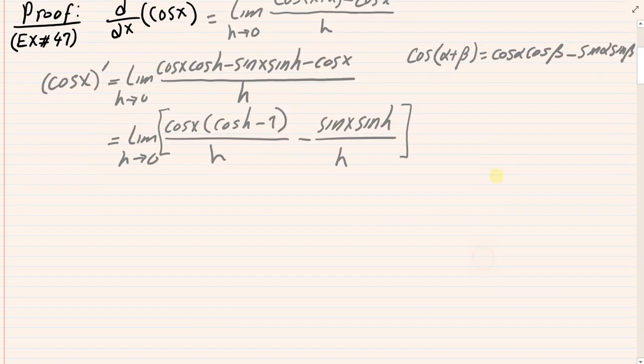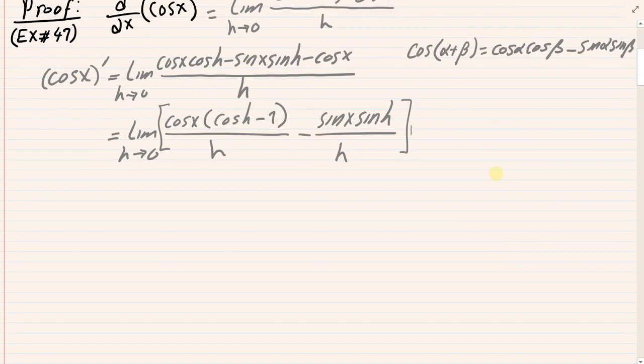Now we're going to take the limit of the individual fractions. Notice the variable of our limit is h. So with respect to h, we treat x as a constant, so cosine x can be brought out. In fact, let's bring out negative cosine x, and we're going to multiply that by the limit as h goes to 0.